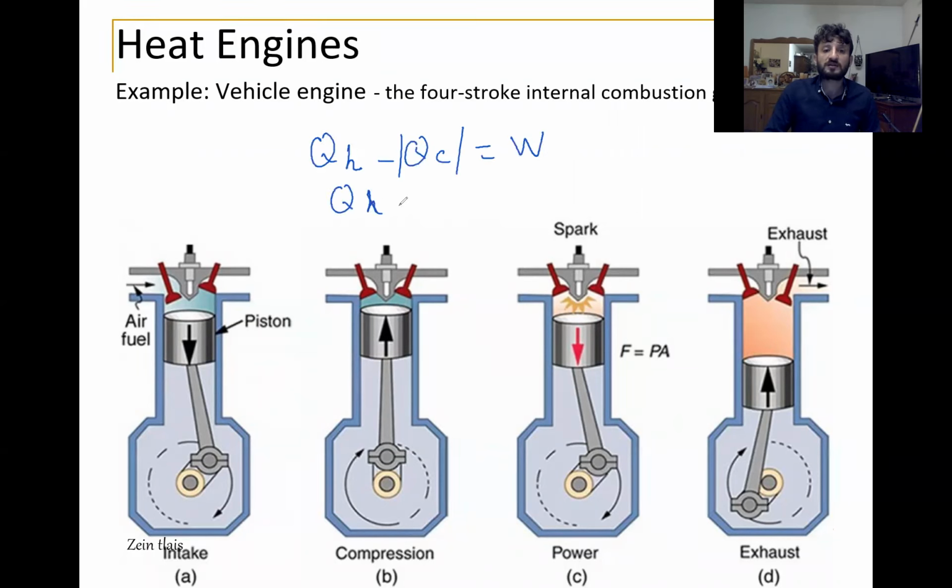So Q hot equals the work plus Q cold. It means I give a quantity of Q hot, and as a result, we have a quantity of work omega plus a quantity of Q cold lost by the system.